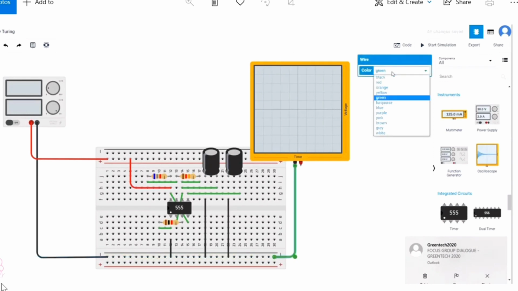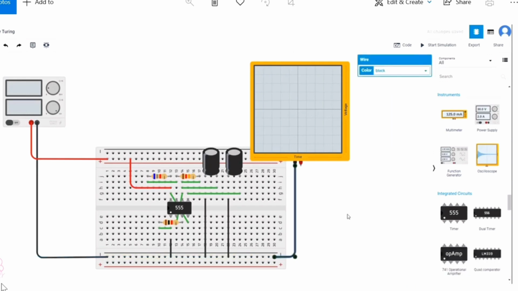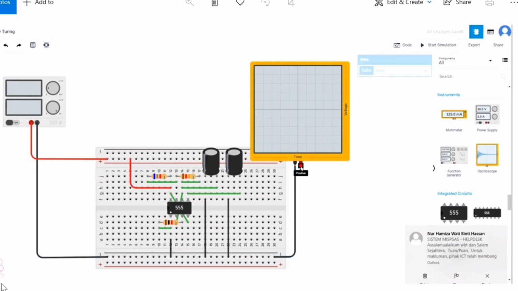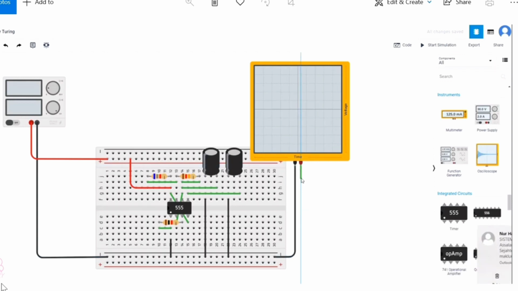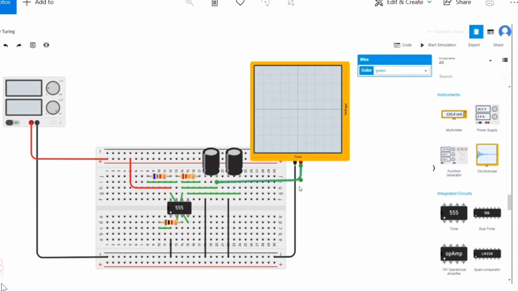Make it as a black color for easier understanding. The next 2 positive. Now the positive is connected to the capacitor. Which capacitor? 0.1 microfarad capacitor. Where it is connected? In between 6 and 2 terminals common junction. So one end is connected to the capacitor.